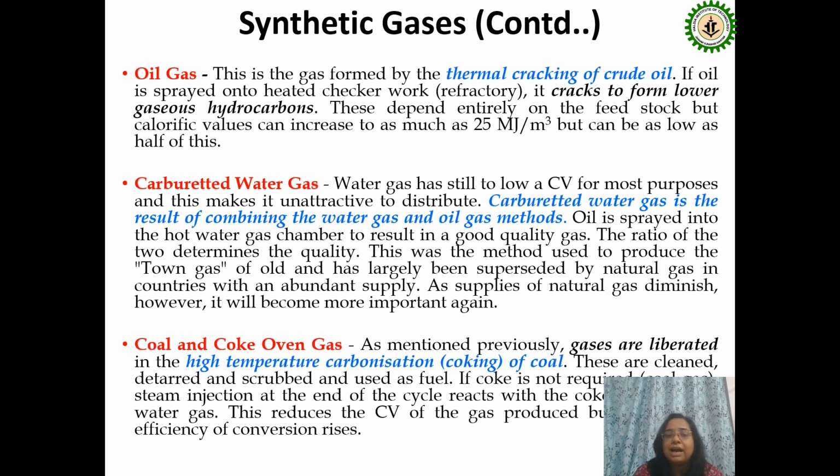In the case of carbureted water gas, if we mix the water gas with the oil gas, then the gaseous fuel we derive is called carbureted water gas. Another important type of synthetic fuel is coal and coke oven gas, which is mainly liberated during the high temperature carbonization of coal.